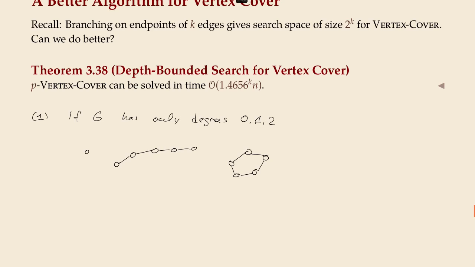And you can immediately construct an optimal vertex cover for these. So you ignore all isolated vertices. In the cycles, you pick every other node, as many as you have to cover all edges. And in the paths, you pick every other node. The only important thing is you should not start with the first node. That would be stupid. But everything else is giving you an optimal vertex cover. So these are essentially trivial.